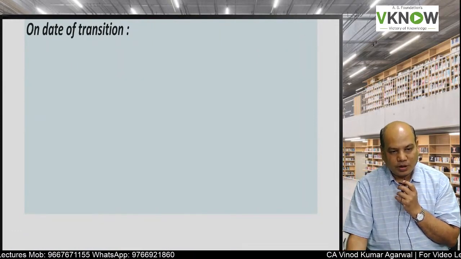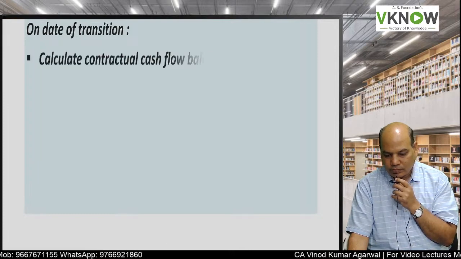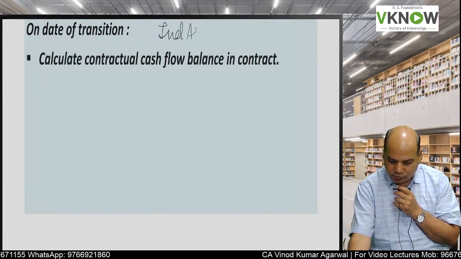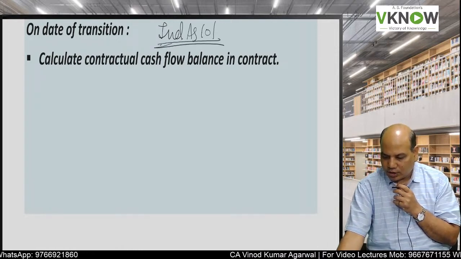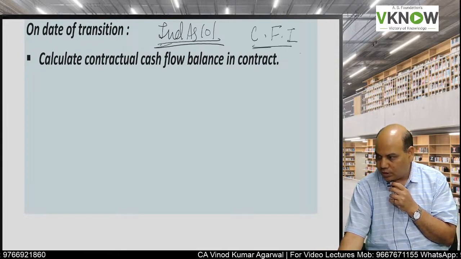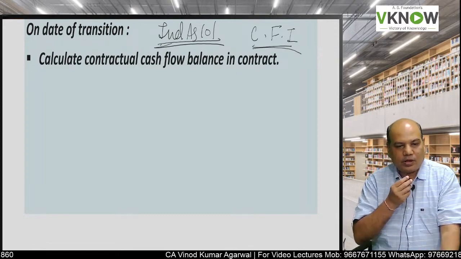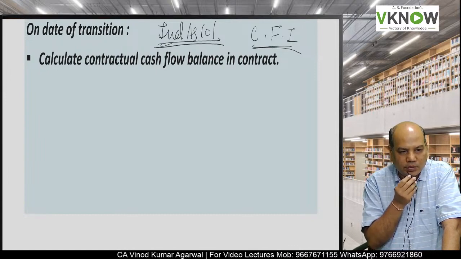Suppose you are adopting Ind AS for the first time. Ind AS 101 is applicable, and the problem will arise in case of compound financial instrument, because under old accounting standard there was no concept of compound financial instrument or split accounting.